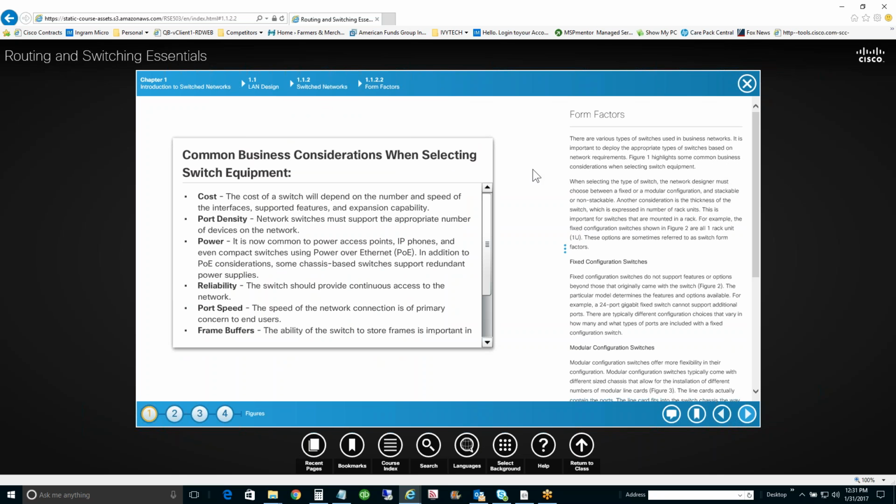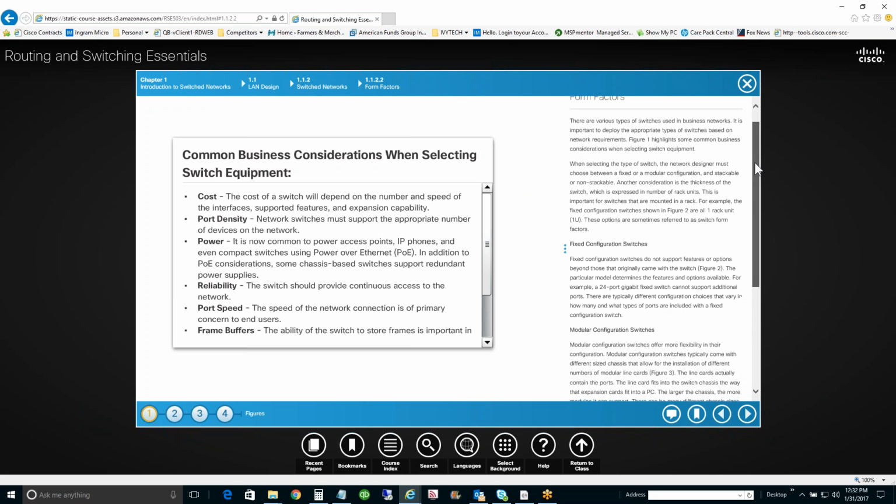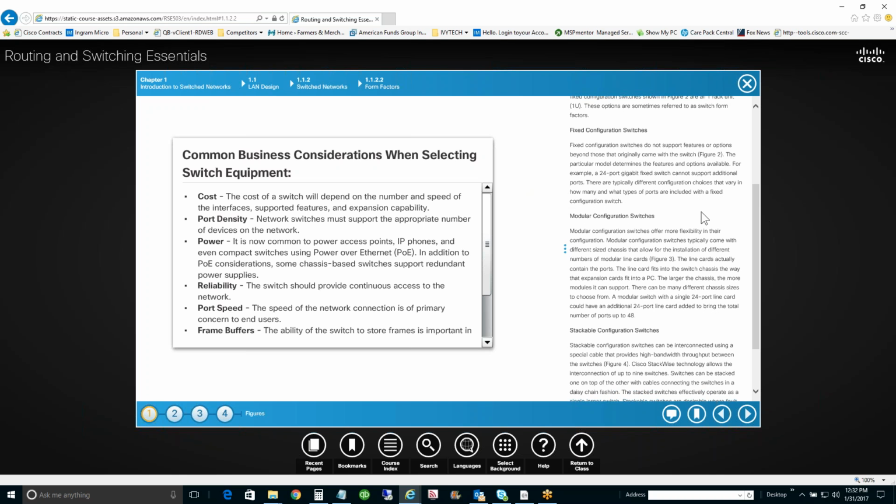Now, switches themselves. There are basically three types of switches out there. There are what are called fixed configuration switches, and these are less expensive. What you see is what you get. Ports are defined with density, speed, and interface type, and you can't change them.